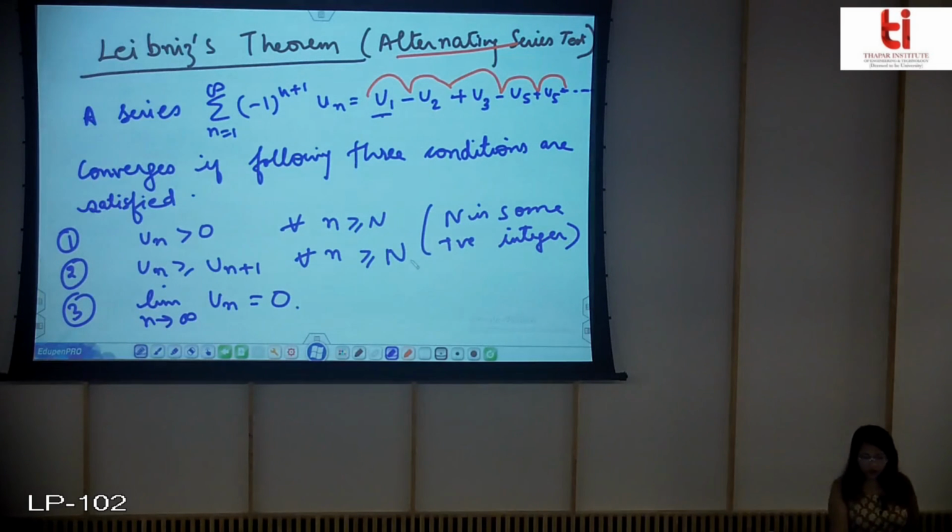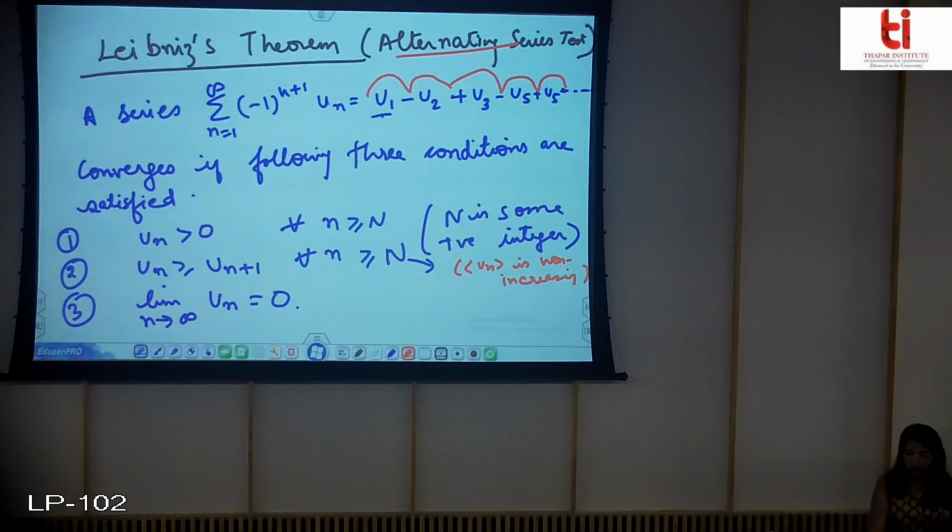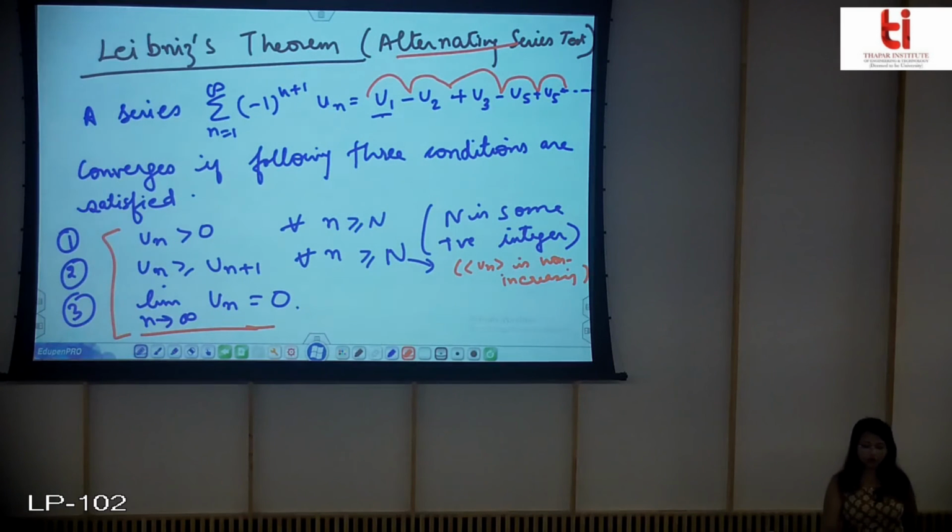So what does this condition mean? That un is non-increasing, or it is a decreasing type. If these three conditions hold together, then you can say that the alternating series converges.